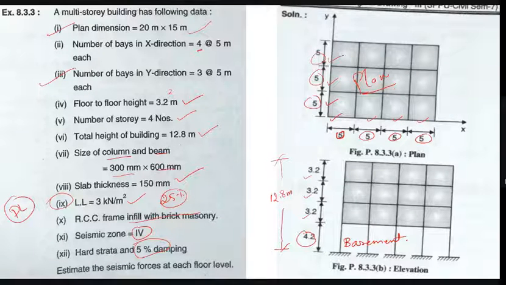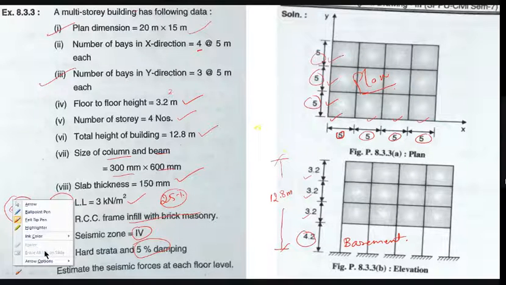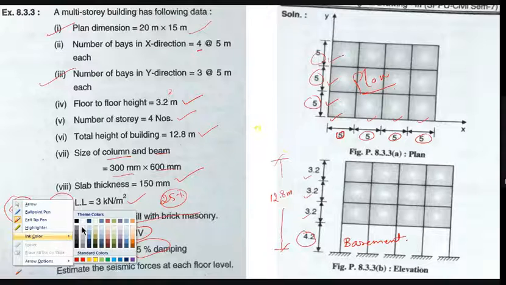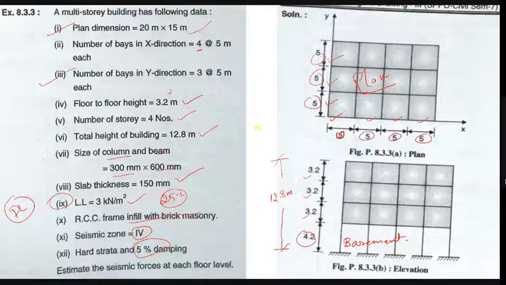So I'm taking beam length equals 20 meters, which means from here to here it is 20 meter.